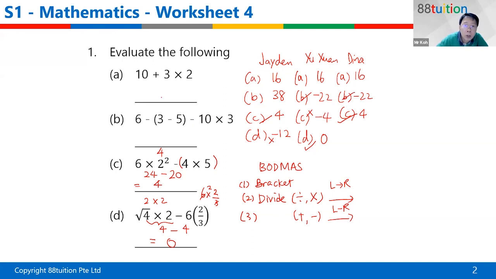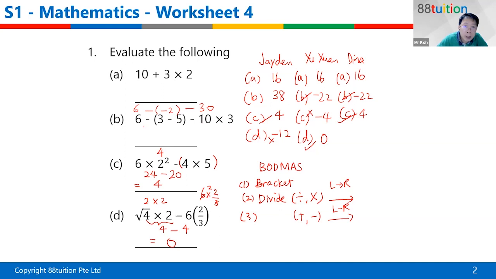All right, so Jaden, listen up. Bracket do first, 3 minus 5 gives you minus 2. So I put a bracket in front. So 6 minus minus 2, minus, now we do the multiplication first, 10 times 3, 30.